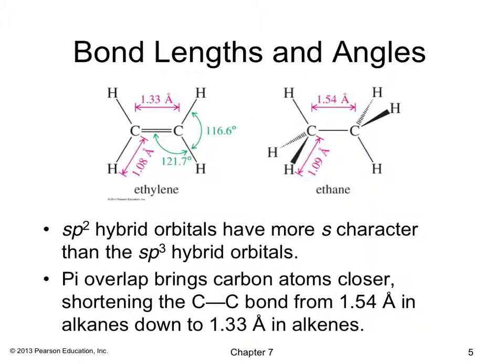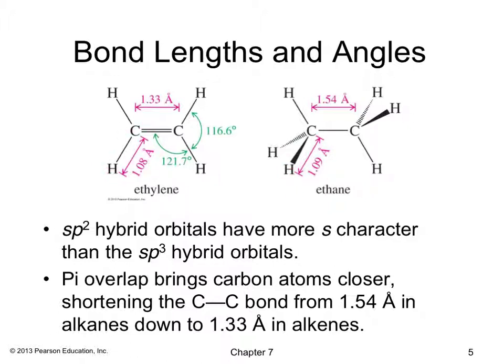In terms of bond lengths and angles, the CC double bond is 1.33 angstroms. This is in comparison to a CC single bond, which is 1.54 angstroms. Also, there's a reduction in the CH single bond from 1.09 to 1.08.